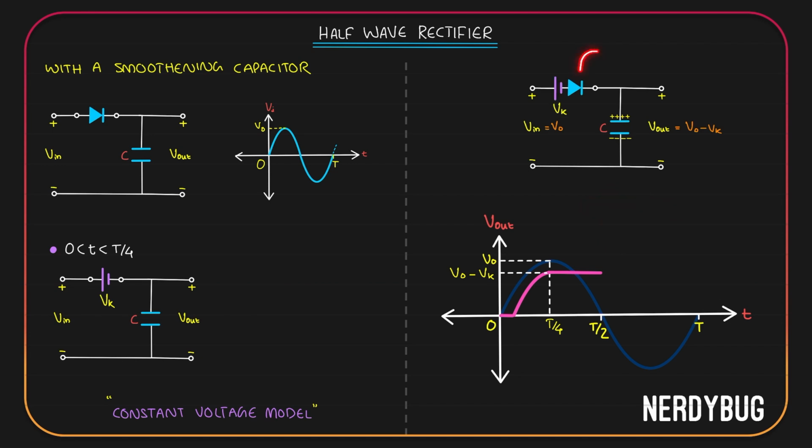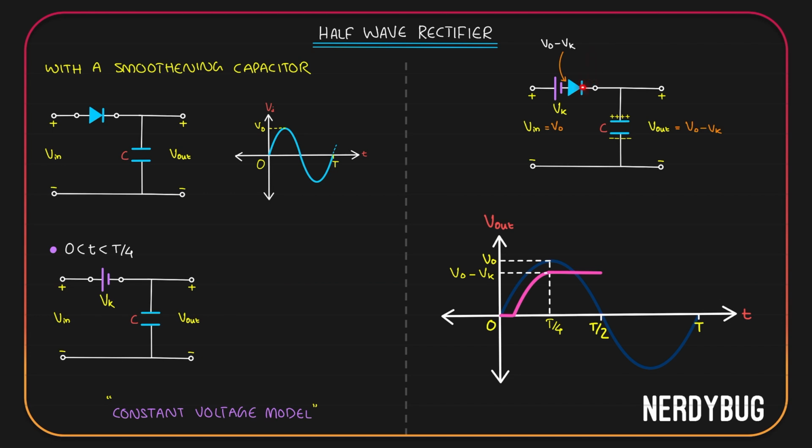Now, this is an ideal diode. It will switch on and off at 0 voltage. Tell me what is the potential it gets on the P side. Here there is a V in, but here there is a minus Vk. So on the P side, the ideal diode is getting V naught minus Vk. What is the potential this ideal diode is getting on its N side?